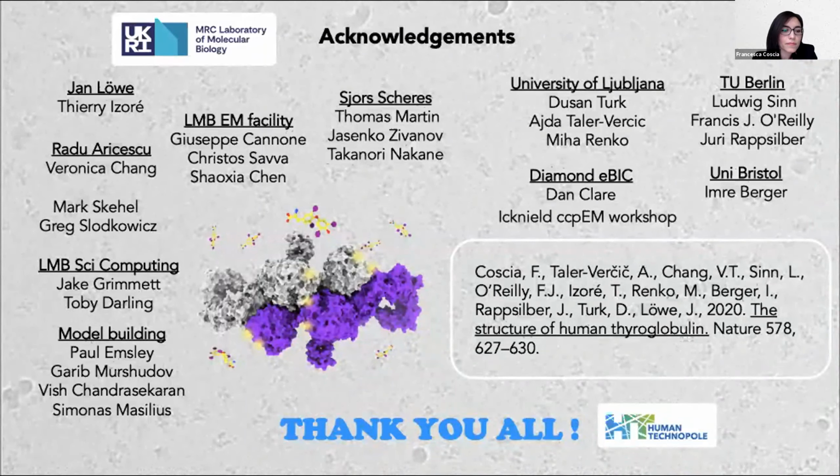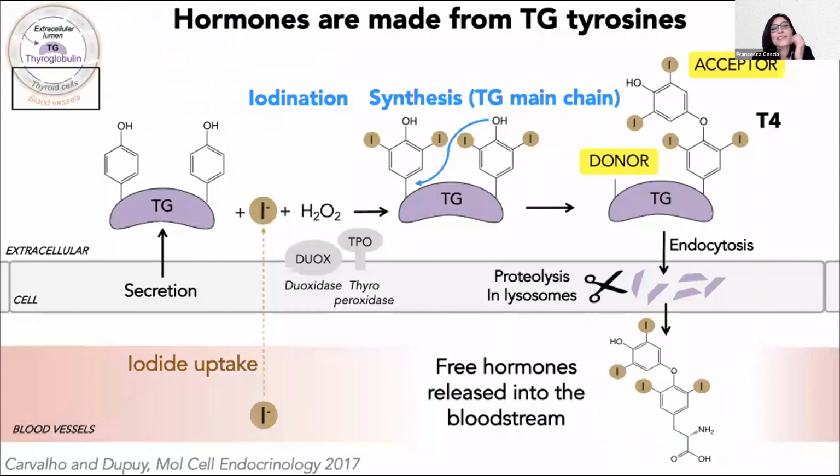Yes, if you allow me, I'm going to come back to that slide. I went quite fast on it. So there's a sodium iodide symporter that specifically pumps iodine from the bloodstream into the thyroid follicles, and then this reaches the extracellular compartment together with TG, and it is still in the reduced form.